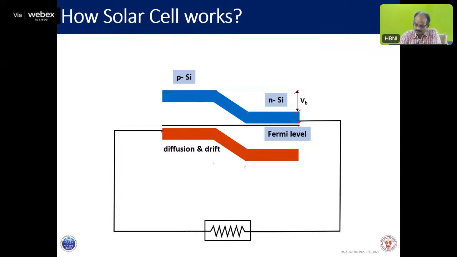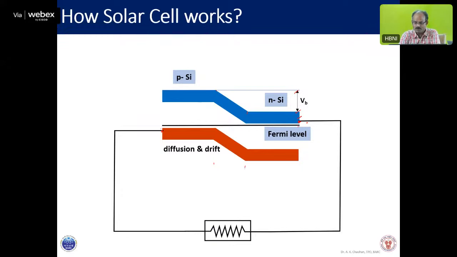Now there is one thing: you have joined the semiconductor with the metal. So what will happen? If you just join a semiconductor with a metal, a Schottky contact will be made. So now basically you will have two back-to-back diodes.